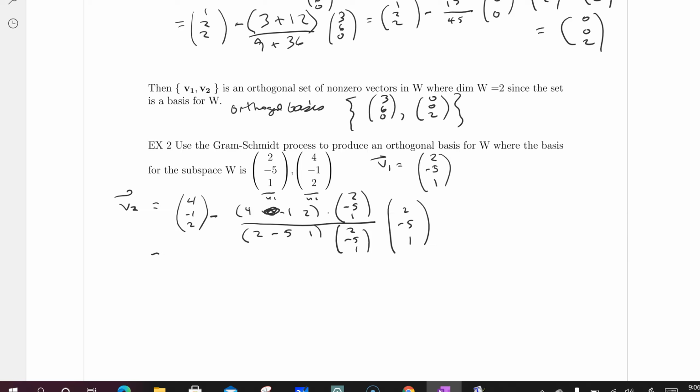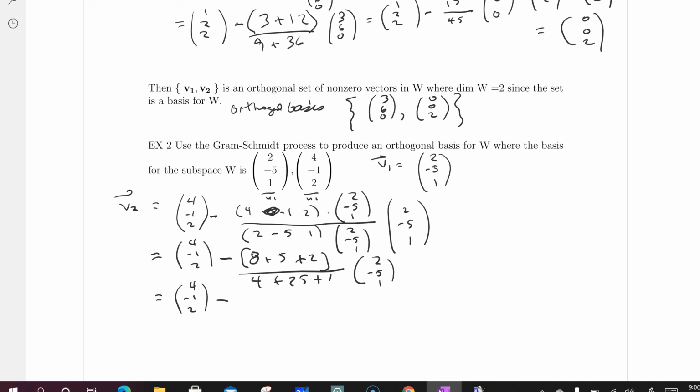Okay, so I get this 4, negative 1, 2 minus, so be careful with that subtract, right? So I get 8 plus 5 plus 2 all over 4 plus 25 plus 1 times this vector. So 4, negative 1, 2 minus, so this gives me 15 over 30.